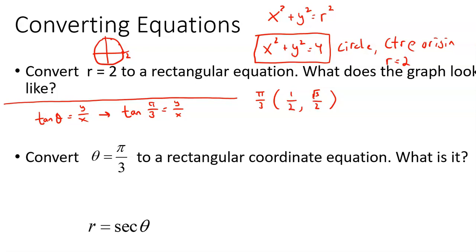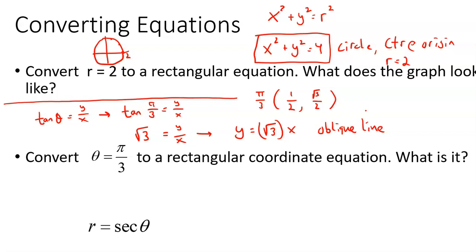And so now if you take sine and divide it by cosine, you'll end up with the tangent of π/3 being √3. So if √3 is y divided by x, multiply both sides by x, and I get y = √3 times x. So this is an oblique line.